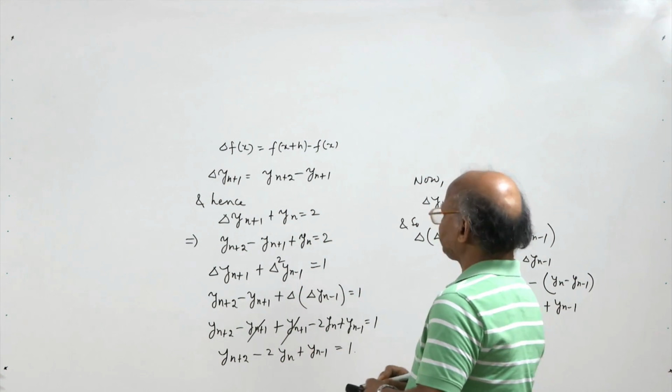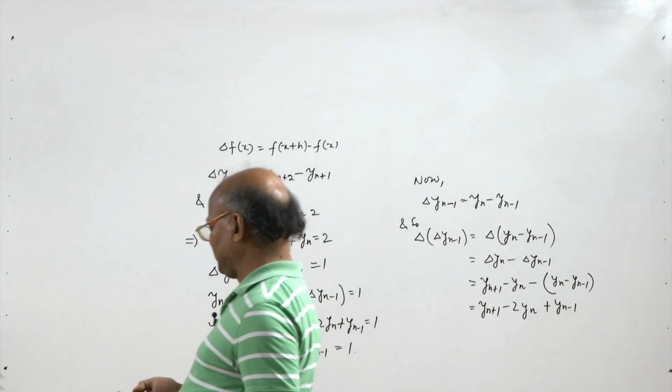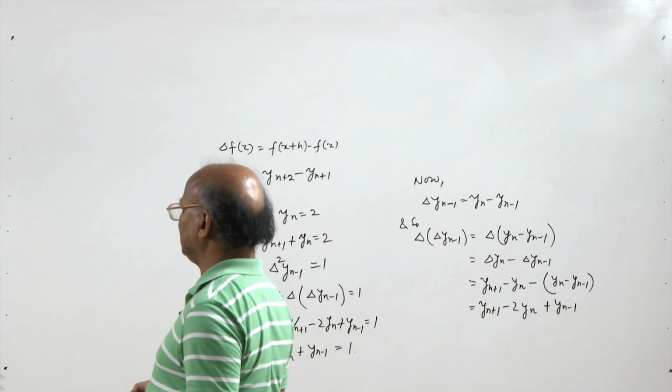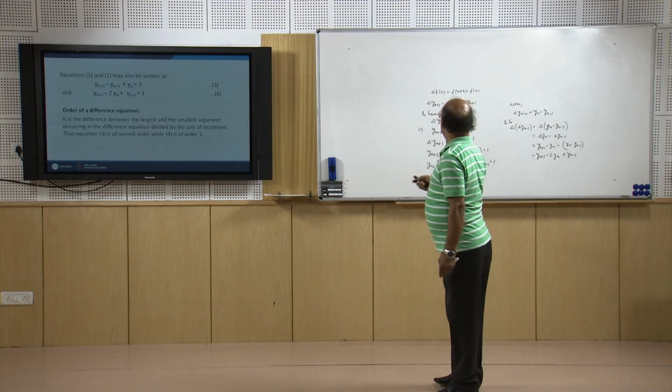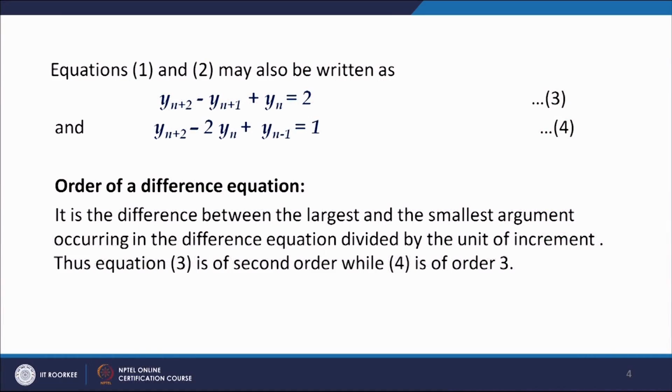So, equations 1 and 2 can alternately be written in these forms: y(n+2) - y(n+1) + y(n) = 2, and y(n+2) - 2y(n) + y(n-1) = 1. Now, let us discuss how we can determine the order of a difference equation.